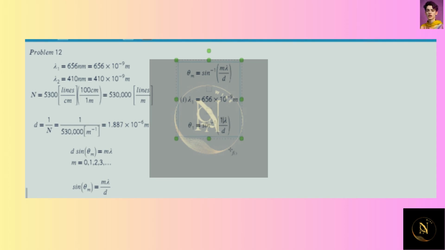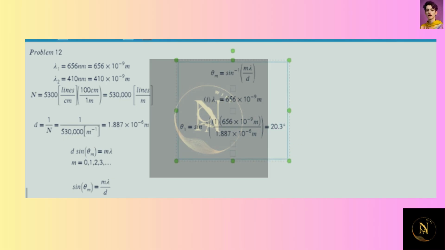It's going to be 1 here: 1 times the wavelength, which is this, divided by the distance between the slits in the diffraction grating, which is this. Plug this into your calculator and make sure that it's in degree mode, and you should get approximately 20.3 degrees.